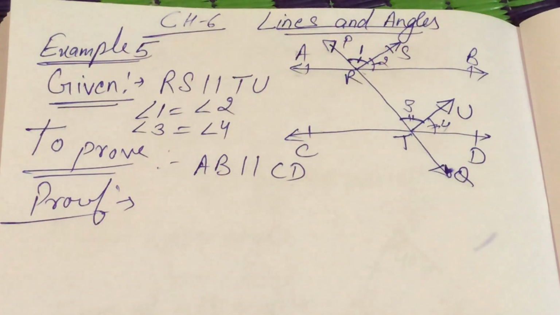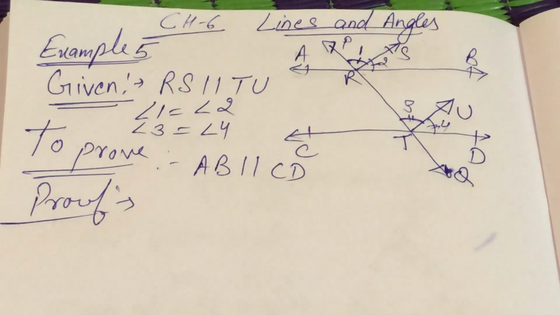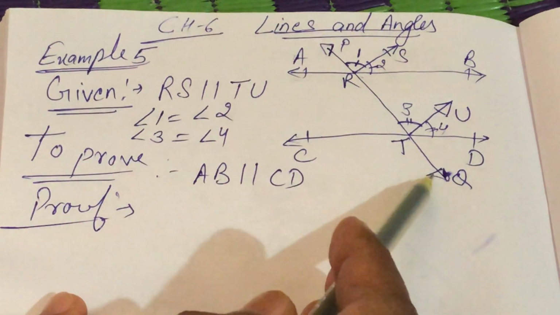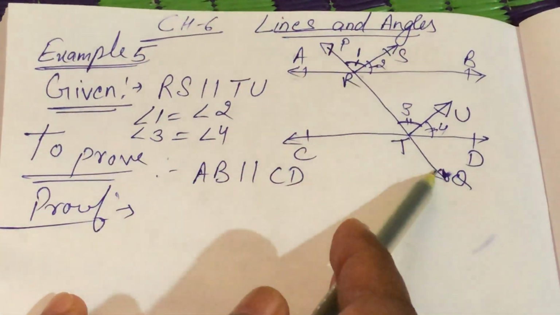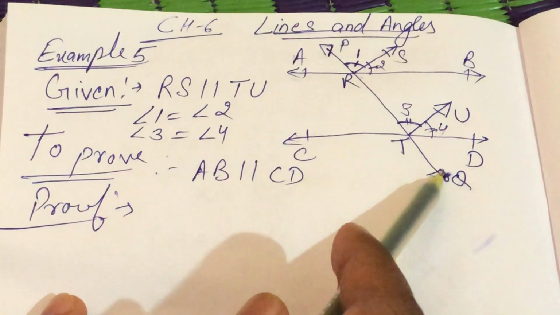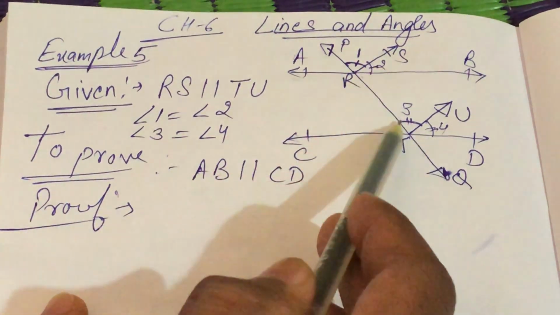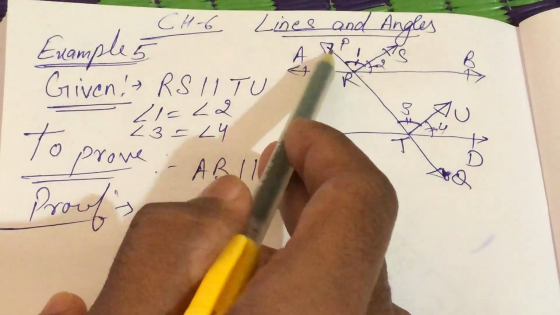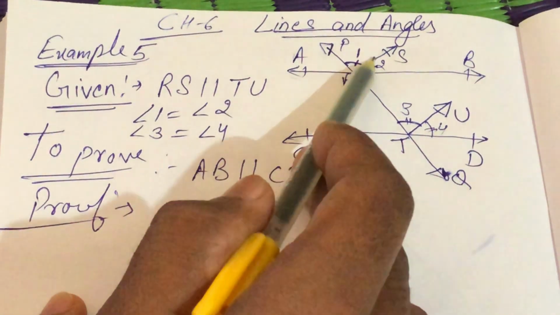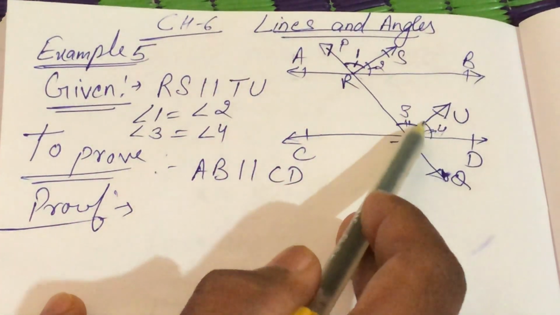Now please try to check the figure once again very clearly. Look at the figure very carefully. This PQ is also a transversal for RS and TU.